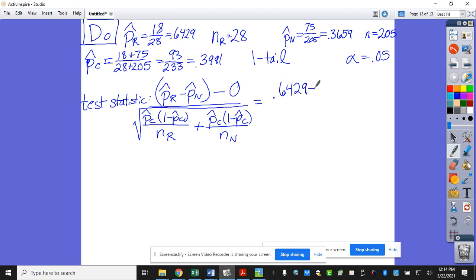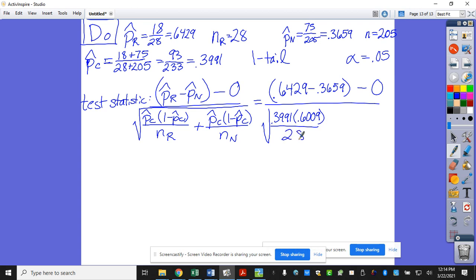So 0.6429 minus 0.3659 minus 0. And this is over 0.3991. And don't type any of this in yet because you're going to be wasting your time. 0.6009 over what? 28.